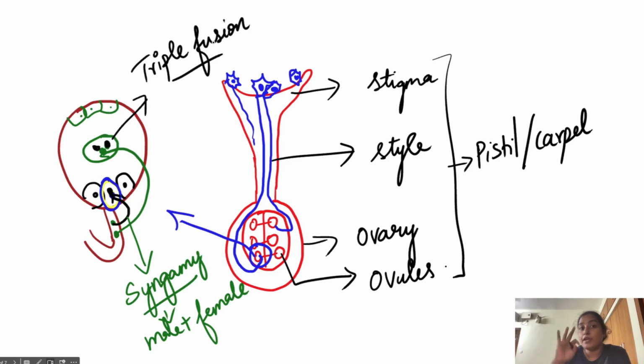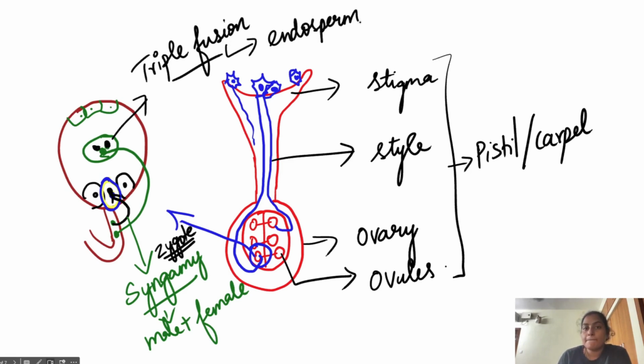Can you see three nuclei involved there? 1, 2, 3. That's why it's called triple fusion. So basically, one male gamete is fusing with the egg cell and forming the zygote. That zygote formation is called syngamy, where the male and the female fuse to form the zygote. Another fusion, what is that? Another male gamete fuses with the polar nuclei and forms what?